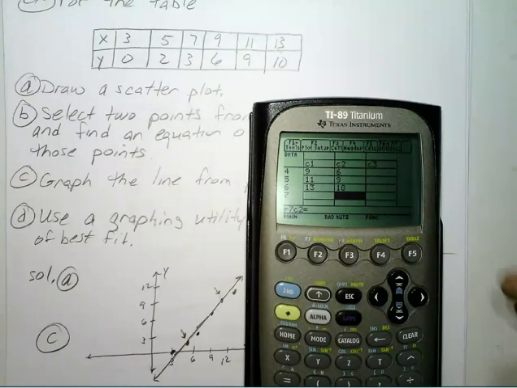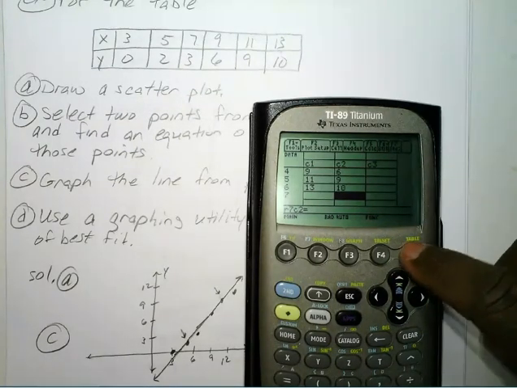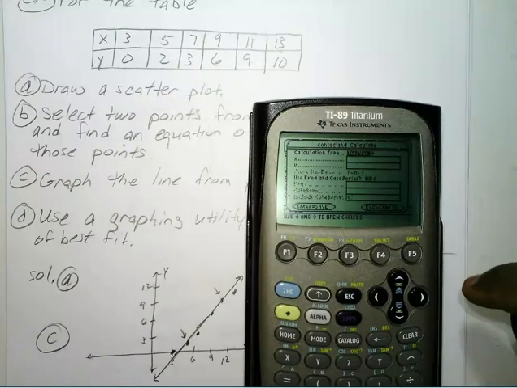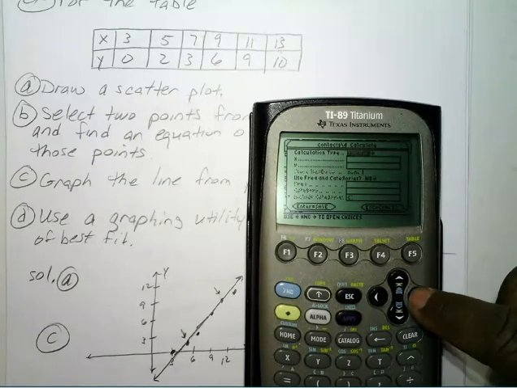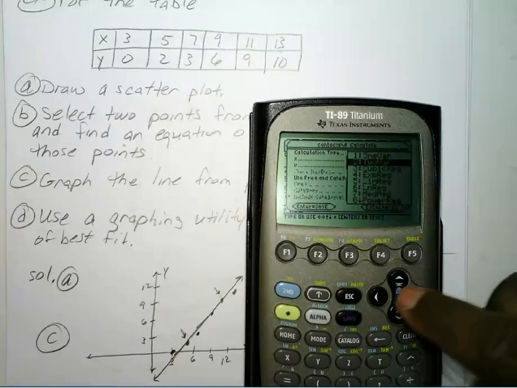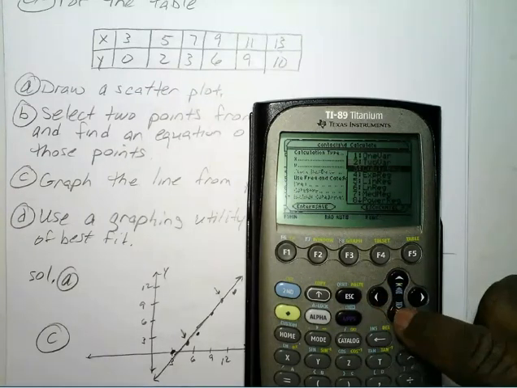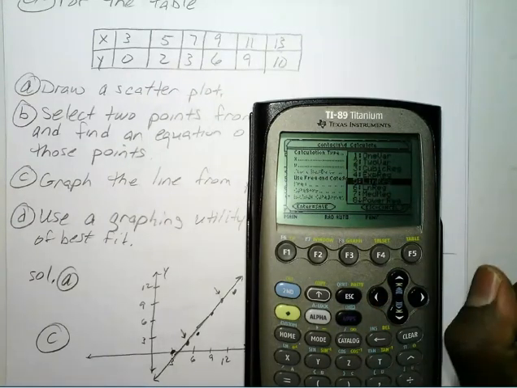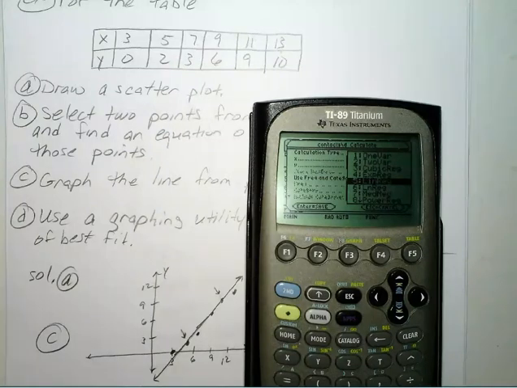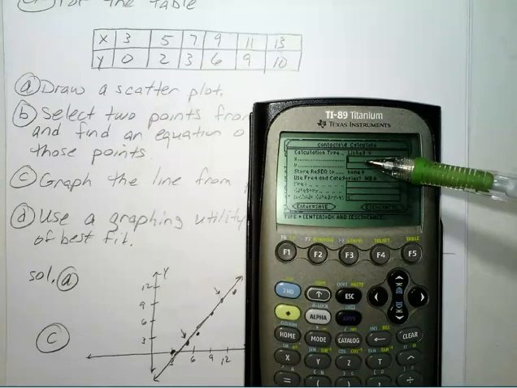We're going to go through F5 and calculation type. We're going to hit the right arrow, and we're going to go to linear regression. Okay, and hit enter. Now for our X, that's all the ones in our C1 list.